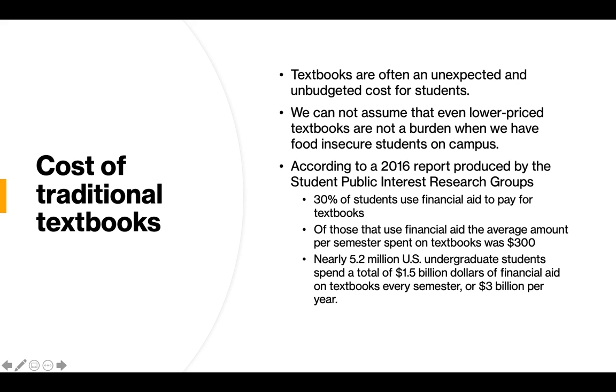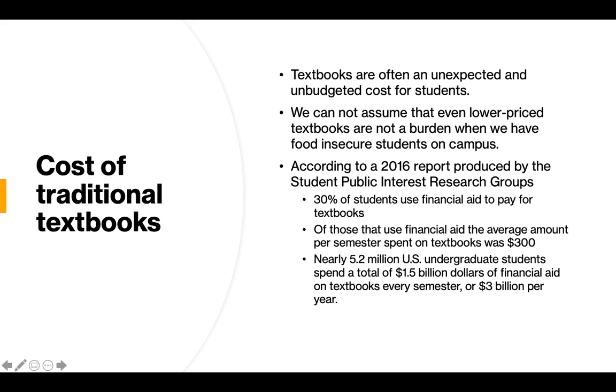Textbooks are often unexpected and unbudgeted, and I've said that before. One thing that I wanted to point out is this 2016 report produced by the Student Public Interest Research Group, which found that 30% of students use their financial aid to pay for textbooks.